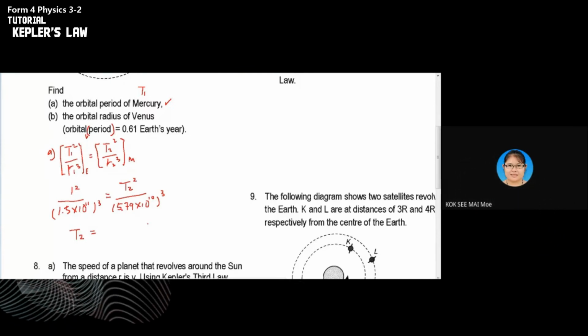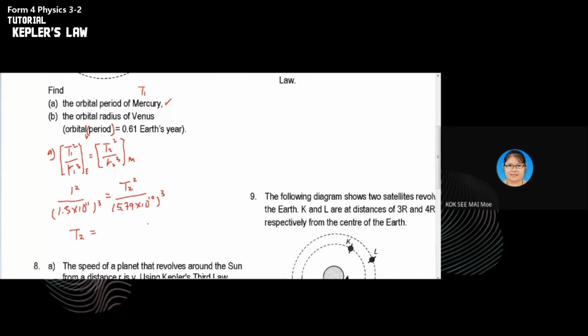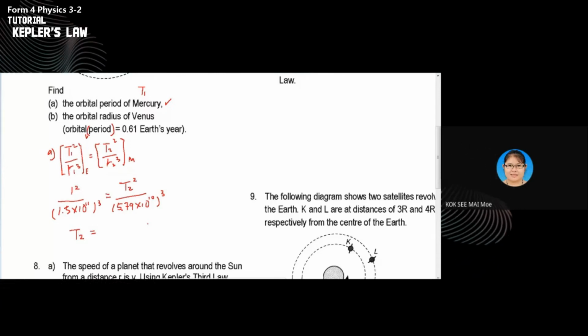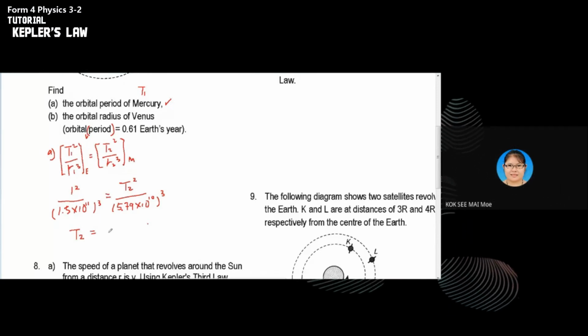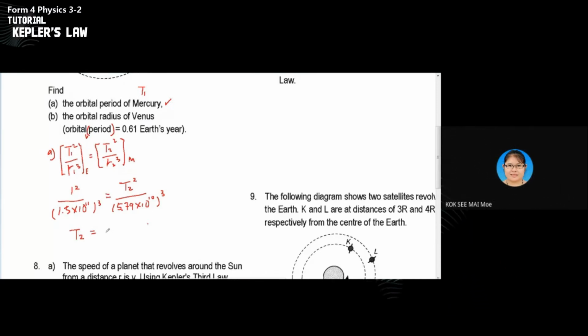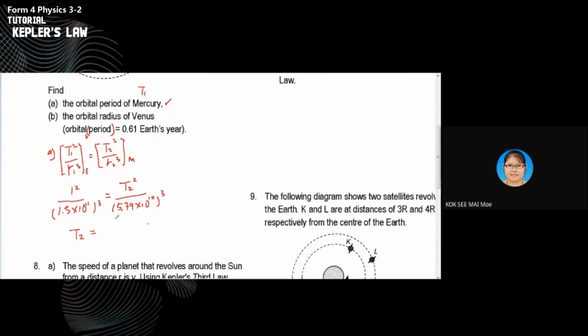Okay, so the period is how long for Mercury to round? Remember square root. Final answer square root.